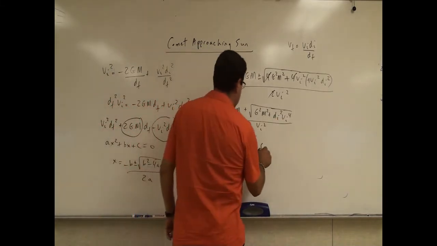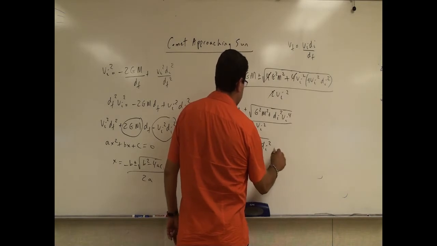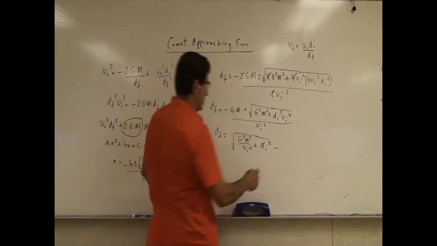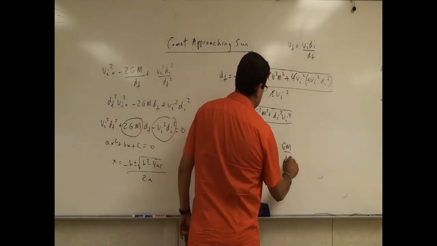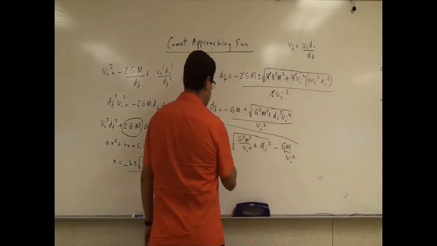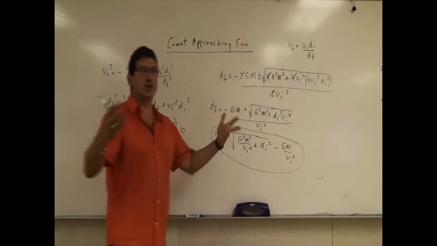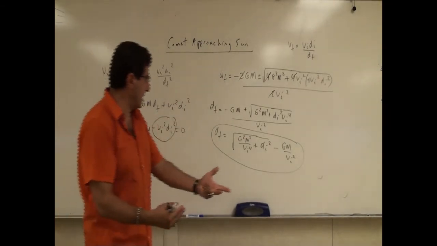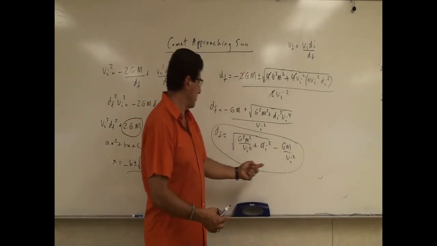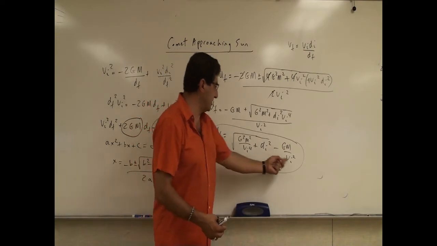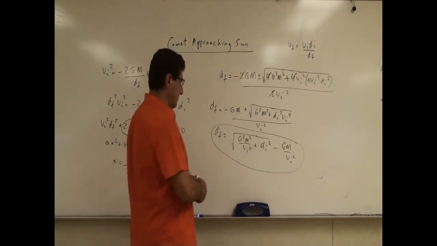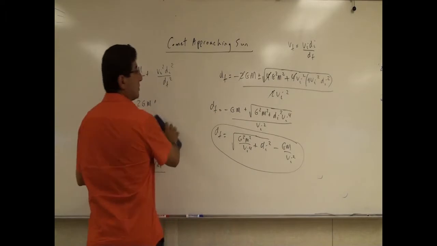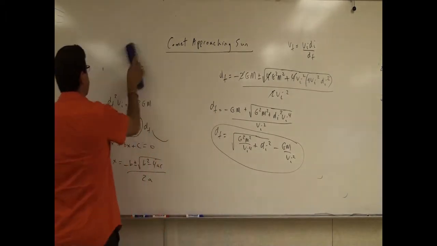So it's just going to be d initial squared minus, and then divide it into here, right, gm over v initial squared. Okay? So this comes out to be the general equation for the final distance of the comet, depending on the mass of the sun, right, and the initial velocity of the comet, and the initial distance of the comet, right, the initial perpendicular distance of the comet, right.